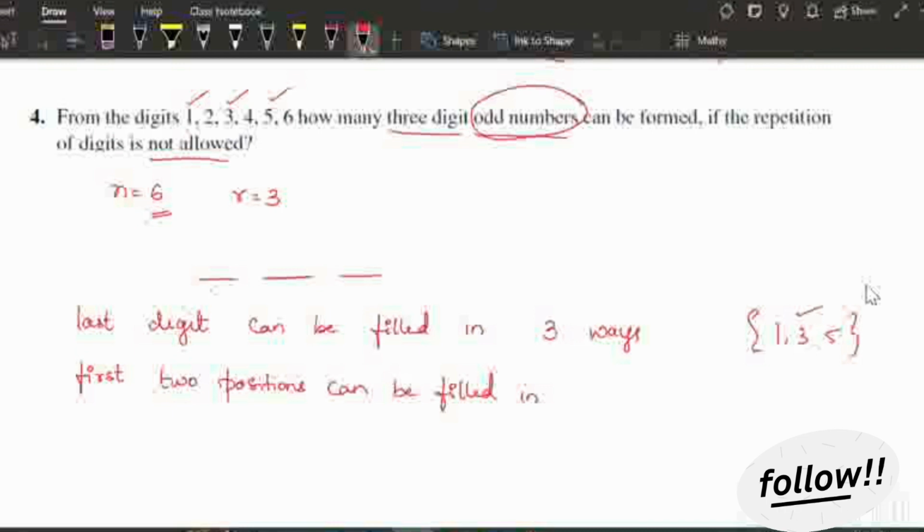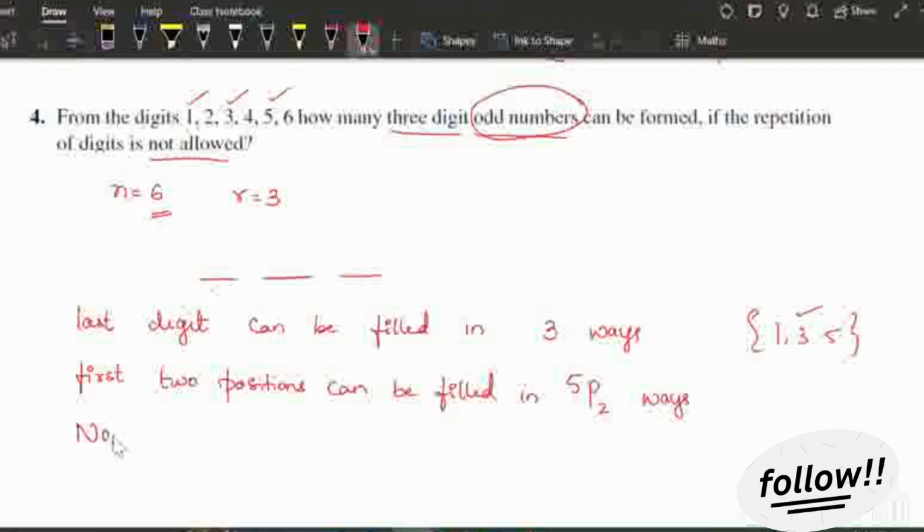Can we calculate by each position? Yes, definitely you can calculate by each position also. I'll tell you how to do that. So here, the first 2 positions can be filled using the remaining numbers. Overall we have 5 numbers remaining, right? Because we have taken one of the digits here. So among those 5 digits, you will take any 2 digits and arrange them.